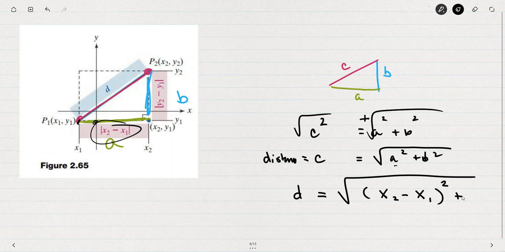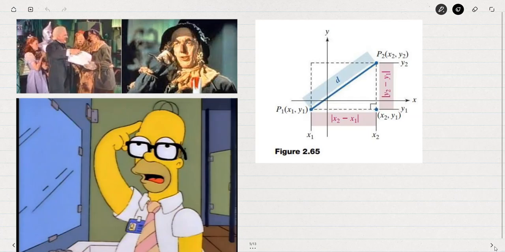And then we're going to add that to the square of the difference between the two y's. And that's the distance formula. Do you see how it relates to the Pythagorean theorem, that a squared plus b squared equals c squared?